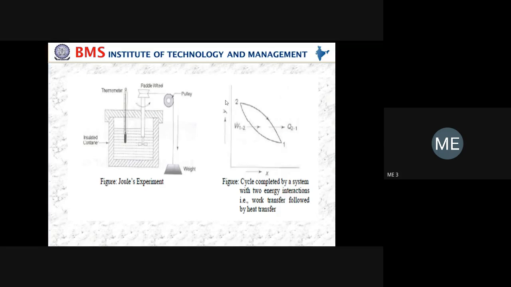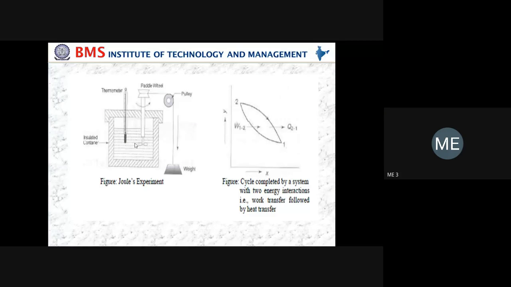Whenever you remove the adiabatic wall, the system and surroundings interact with each other, thereby attaining a common equilibrium condition. We studied thermal equilibrium, mechanical equilibrium, chemical equilibrium, and also thermodynamic equilibrium in the first module.